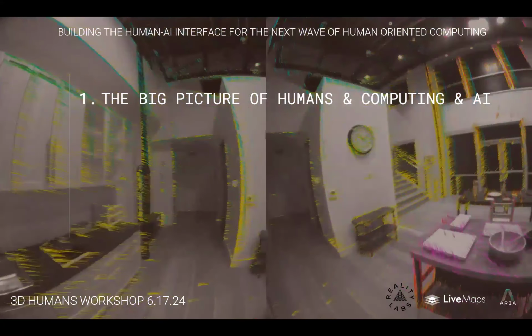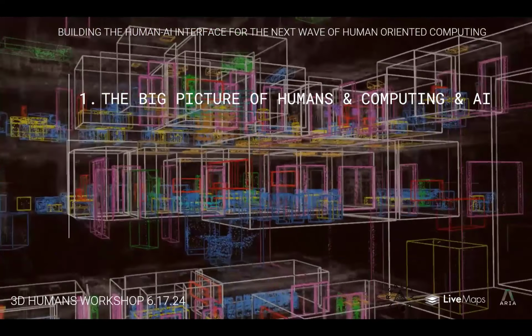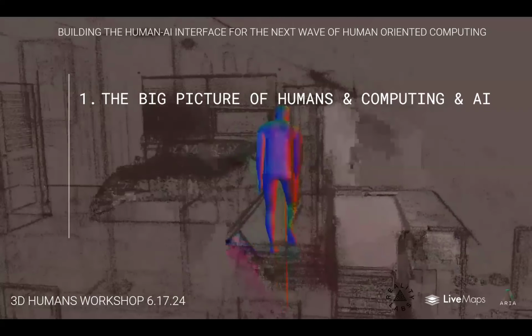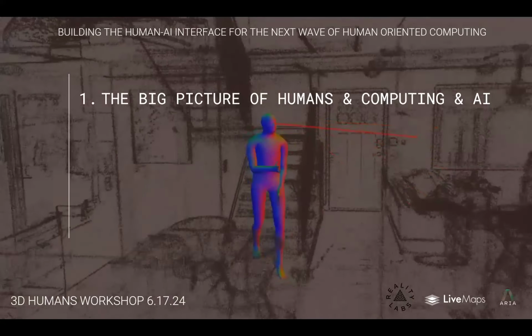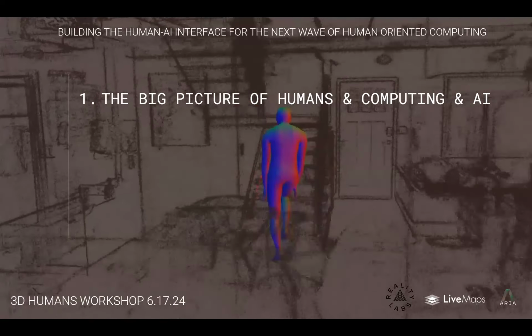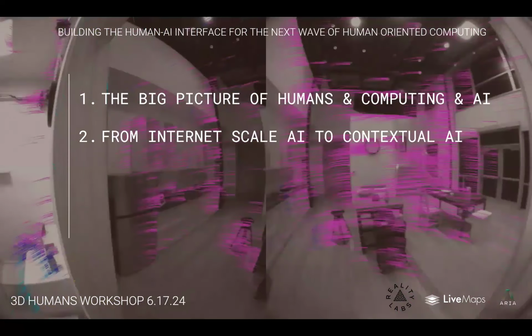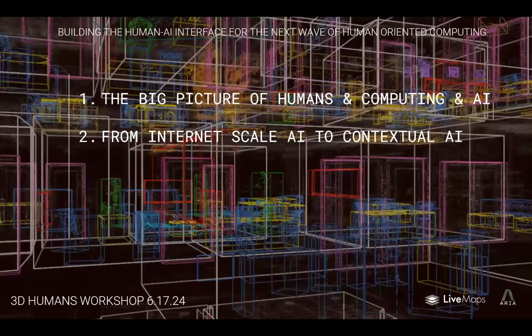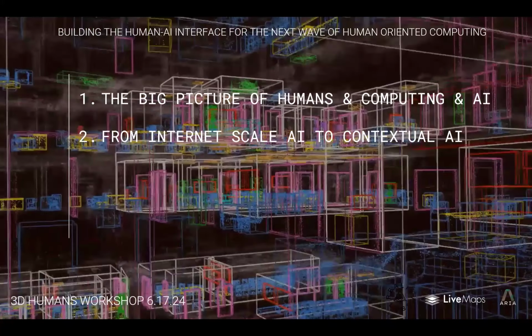I'm going to give an overview that connects this workshop around 3D humans in particular with the bigger picture of human-oriented computing over the last 70 years and into the future. I'm going to talk about going from internet-scale 2D data sets to the future of contextualized AI with 3D egocentric wearable computing and sensing devices.